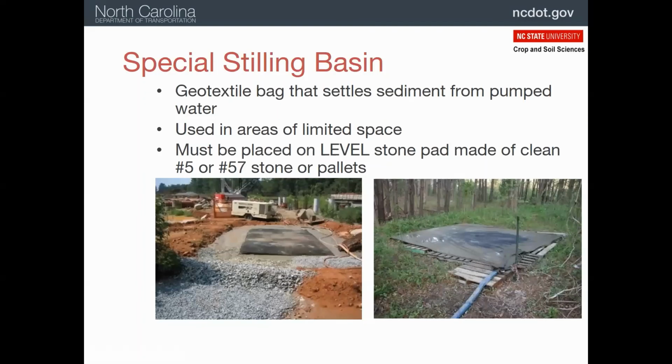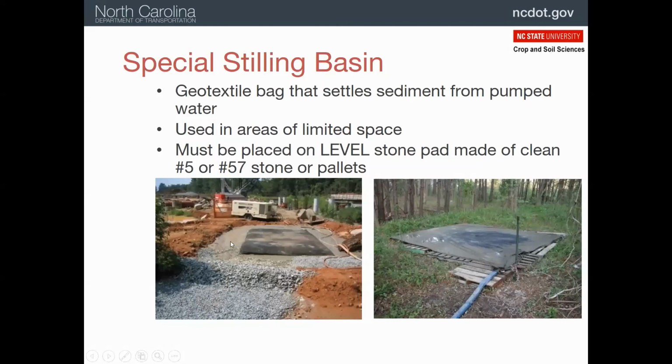The other option is to pump it into a sediment bag. So these are geotextile bags that are constructed to take flow and filter out a lot of the sediment before the water is released. So this is generally used in areas where you just don't have room for a stilling basin.